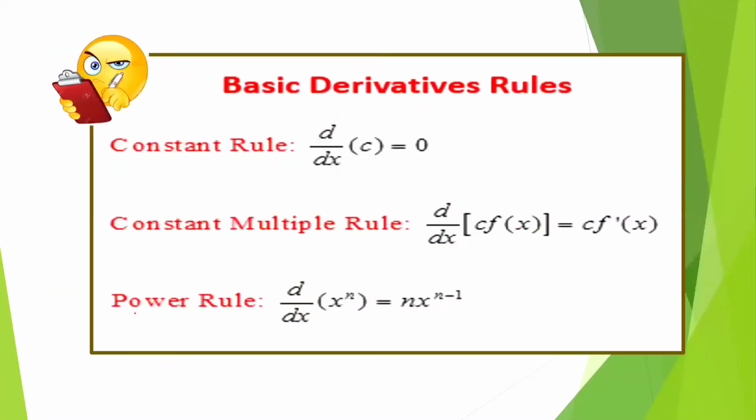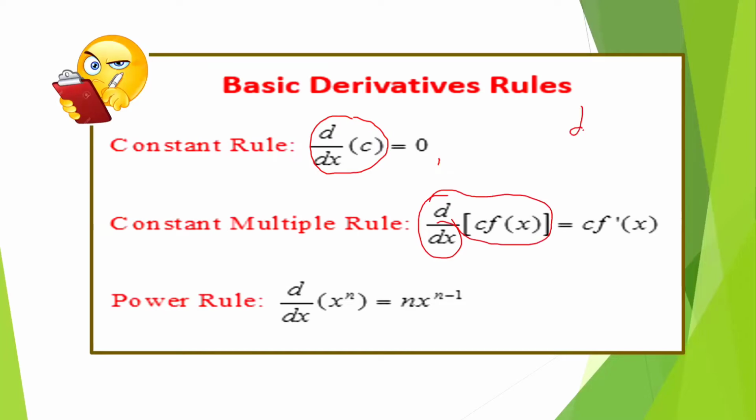Okay, so let's consider these differentiation rules. If you have a constant, derivative of a constant, this is read as derivative of a constant with respect to x is 0. Tapos kapag may ganito naman tayo, with this one, ibig sabihin nito, we're getting the derivative of this function.